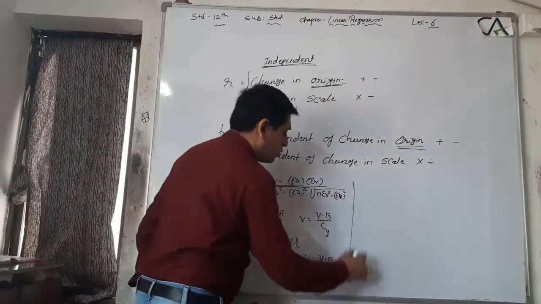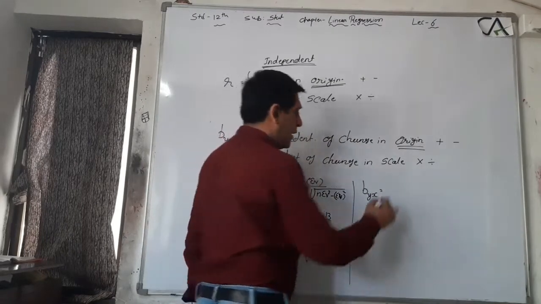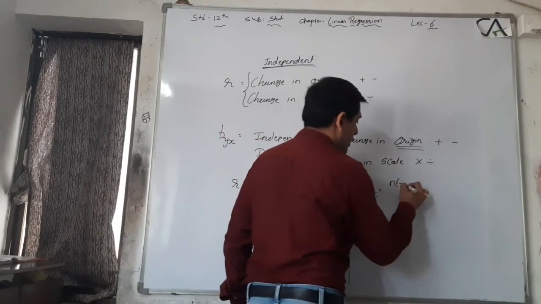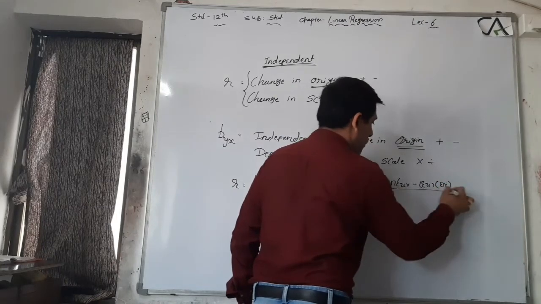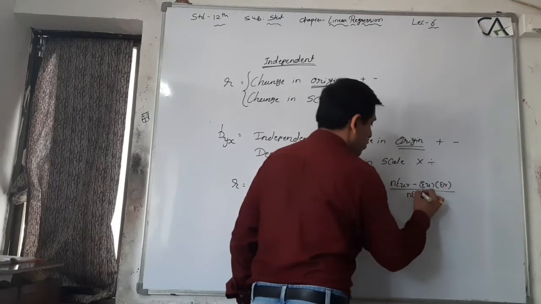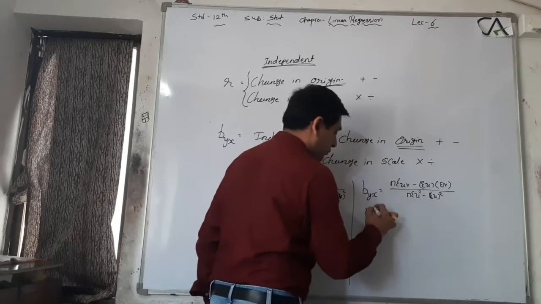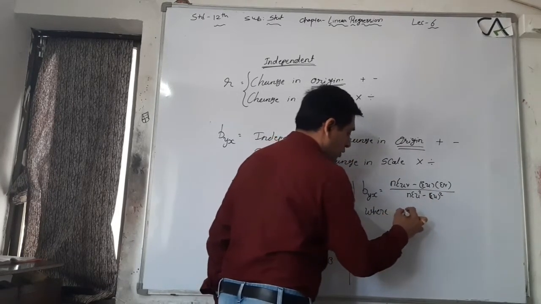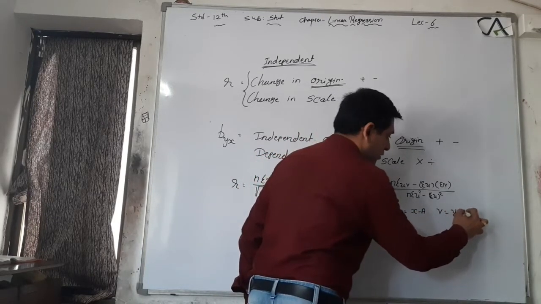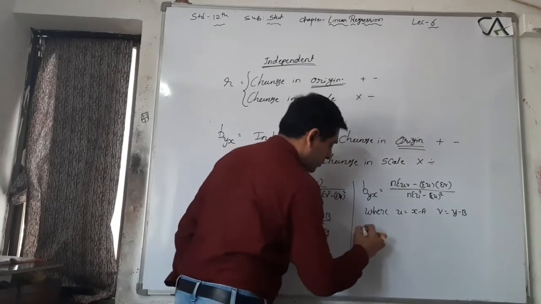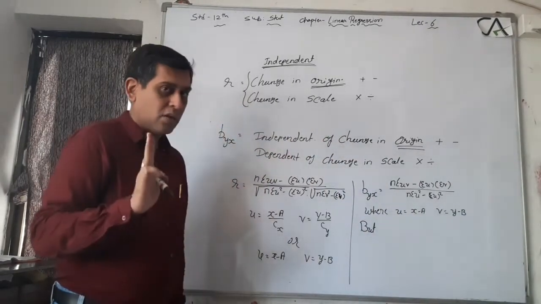But now see here, for byx, what is the formula? n sigma uv minus sigma u into sigma v upon n sigma u square minus sigma u whole square, where u is equal to x minus a and v is equal to y minus b. But see here, there are two parts in method number 3.